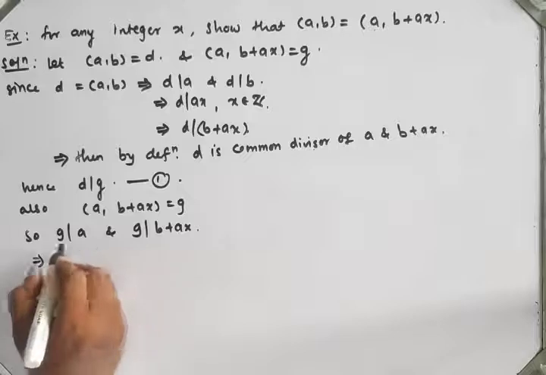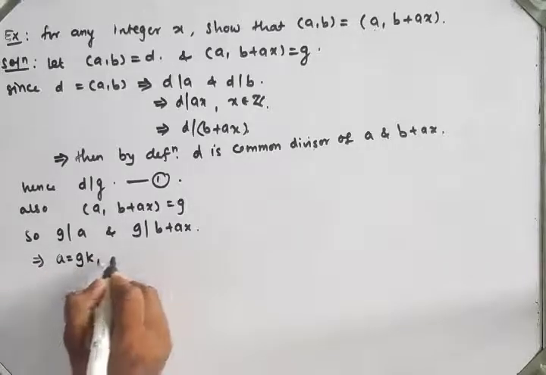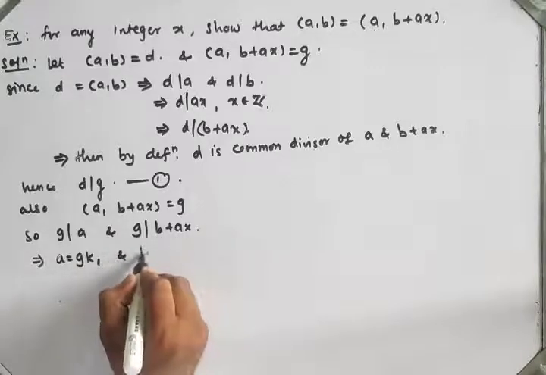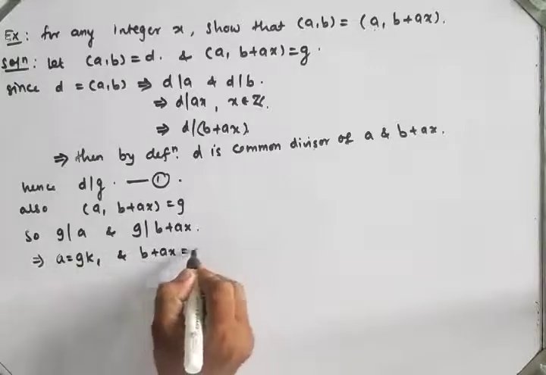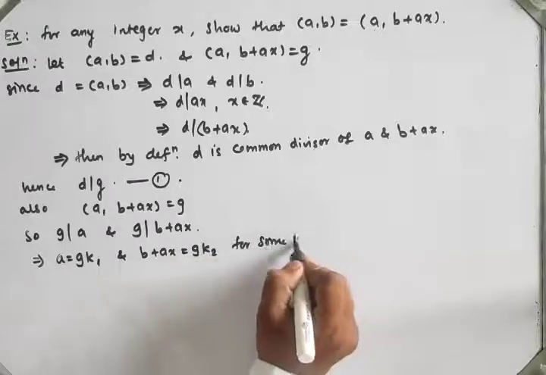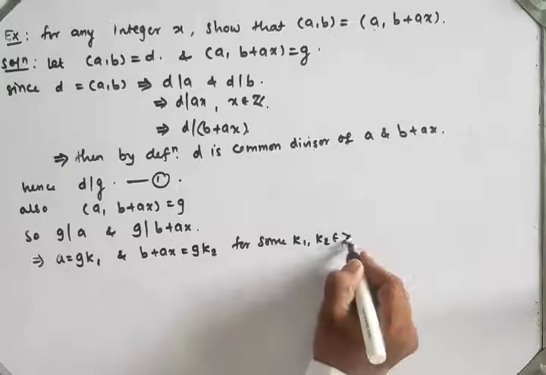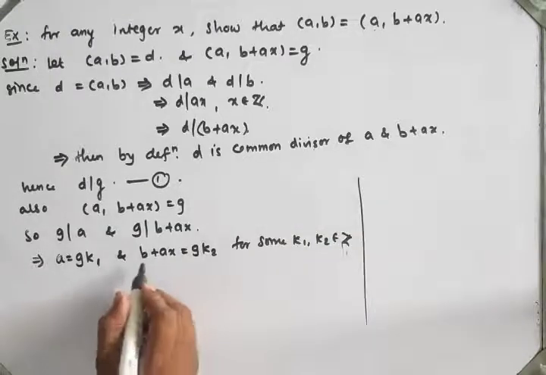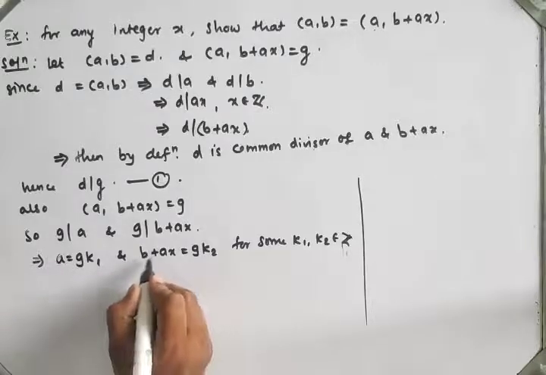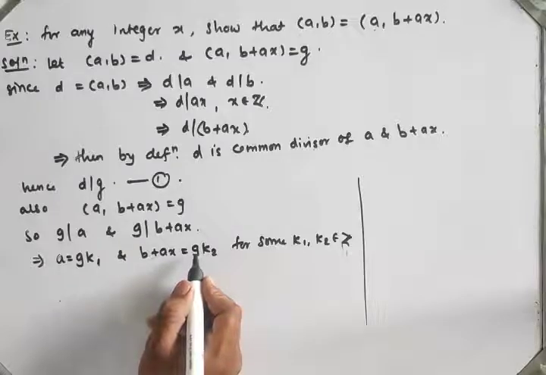Then by using the definition of divisibility, a is equal to g into k1, and b plus ax is equal to g into k2, for some k1, k2 belonging to the set of integers.